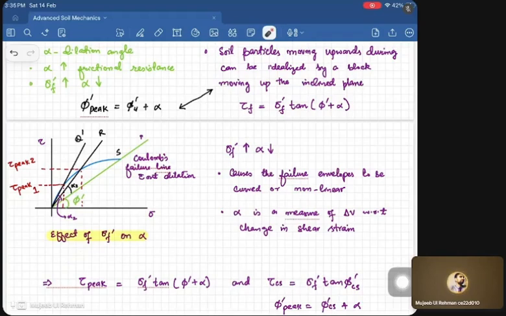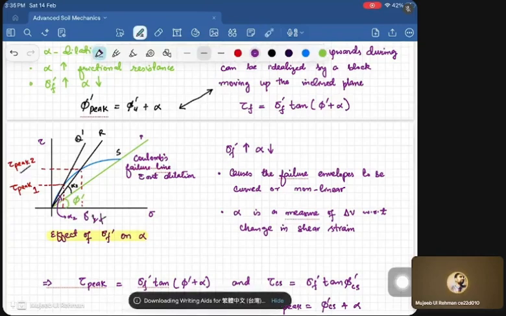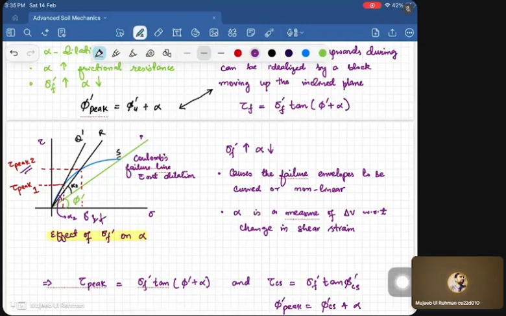We can see that, let's assume that at this sigma 1, the peak value is tau peak 1, and when we are increasing the stresses to sigma 2f, the peak value is tau peak 2, and this is the point where there is no dilation, and the sample will follow the normal Coulomb's failure line without dilation.